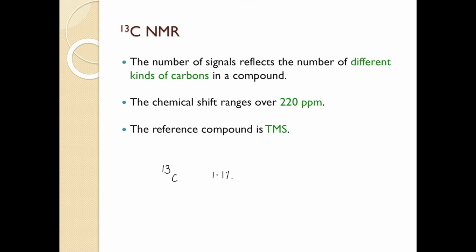Also, the gyromagnetic ratio of carbon-13 is 4 times lower than that of hydrogen, and both of these effects add up, so the intensity of the H-NMR spectrum is going to be 6,400 times greater than that of the signals received in carbon-13 NMR spectroscopy.